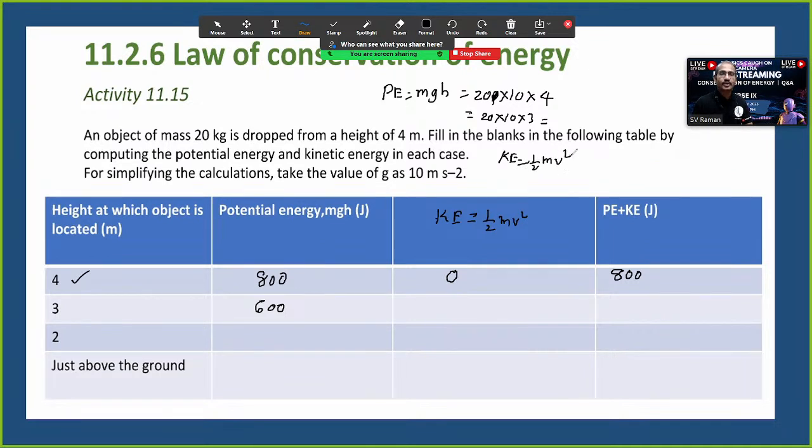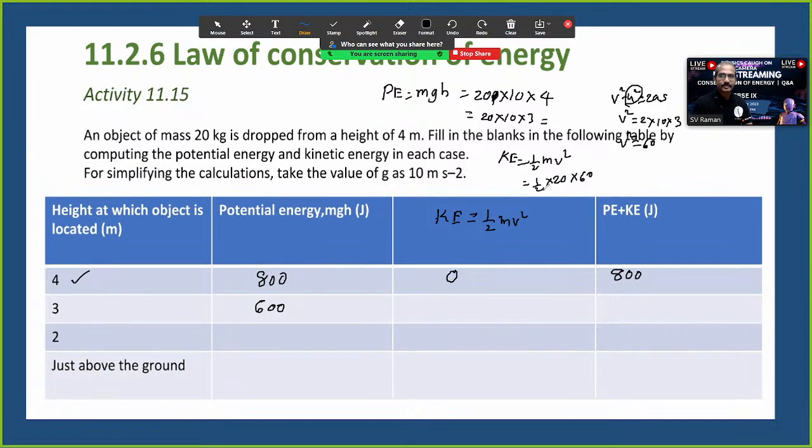We need to find out the velocity value. How to find out velocity? v squared minus u squared is equal to 2as. As you know, initial velocity u will be 0. So v squared is equal to 2 into 10 into s value 3, which is 60. So v squared is equal to 60. We need to substitute in kinetic energy, so half into mass 20 into 60.